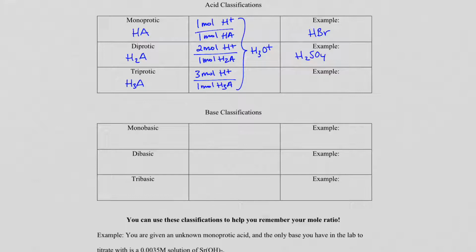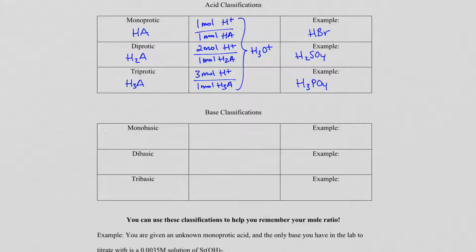And for triprotic, let's go with phosphoric acid, H3PO4. Let me rewrite it so it's a little cleaner. So when that is in solution, you'll get 3 moles of those hydronium ions, 1 mole of phosphate anions.